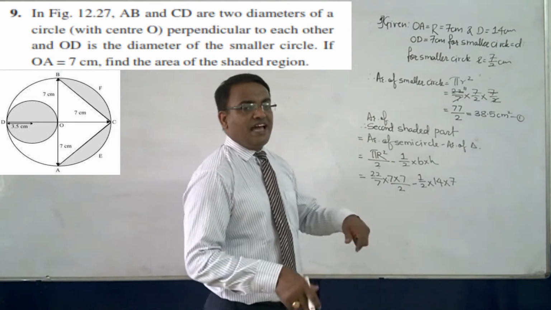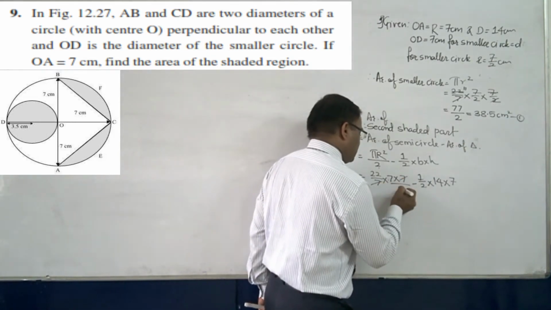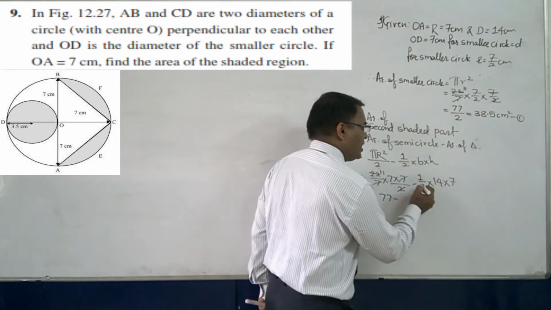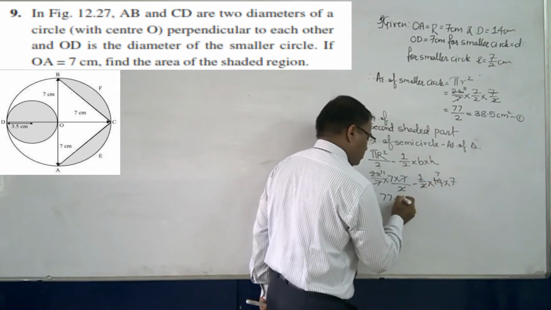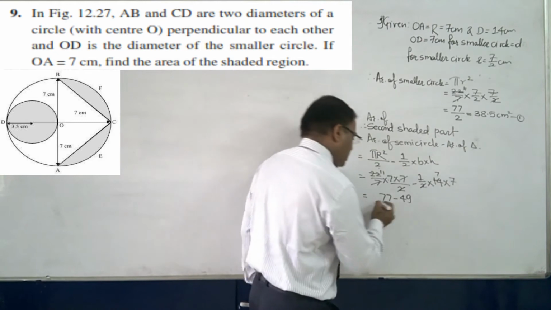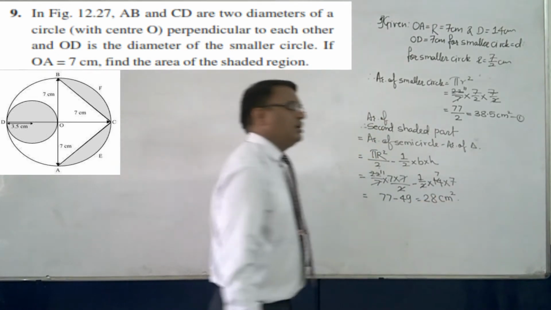Right? 14 is the diameter, which is acting as a base. So again 7 and 7 cancel, this and this cancel, so it is 11 times 7, that is 77, minus 7 times 7, that is 49. Right? So what is remaining? Here 28 centimeter square remains.